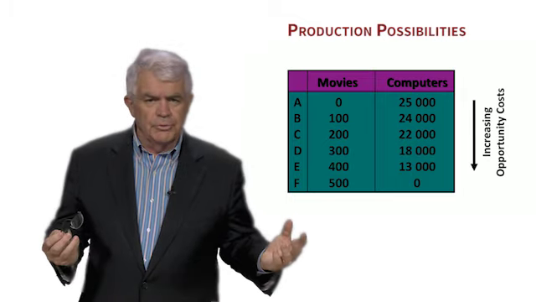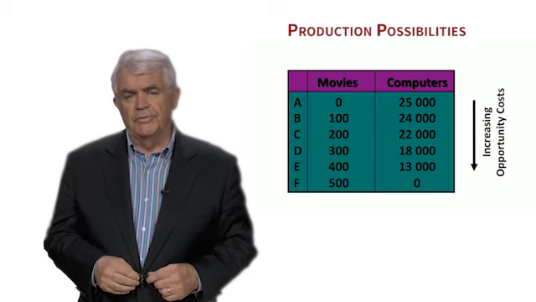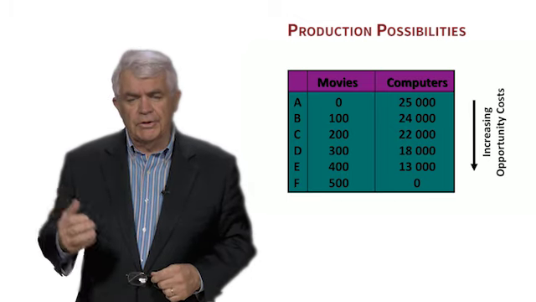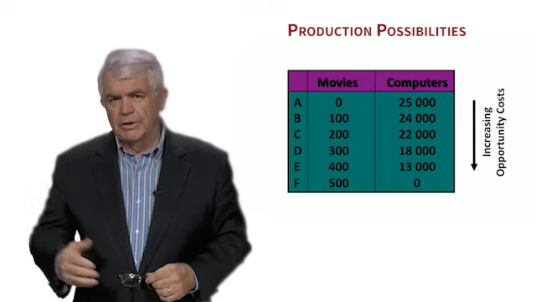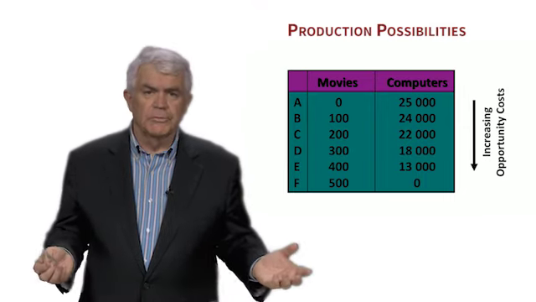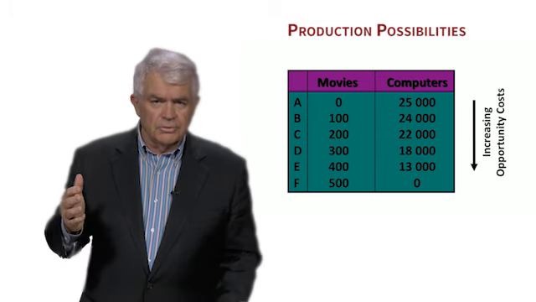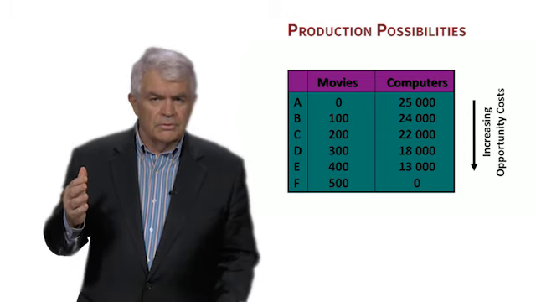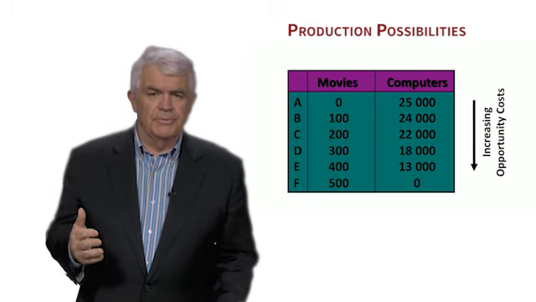If you produce more movies, say 200 rather than 100, that's an increment of 100 if you think about it. You also get fewer computers, but in this case it's even more of a loss. You get a 2,000 reduction from 24,000 to 22,000. So that's another opportunity cost, but it's a higher opportunity cost.